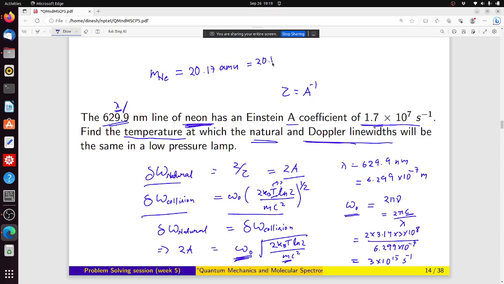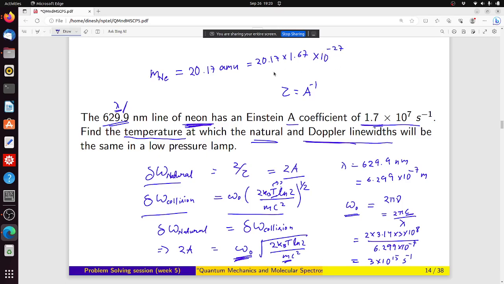So 20.17 times 1 AMU, and 1 AMU is 1.67 times 10 to the power minus 27 kg.